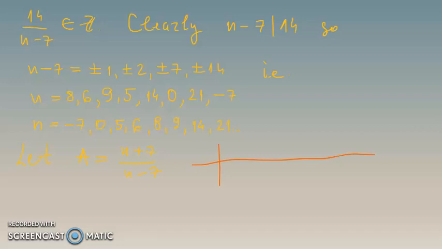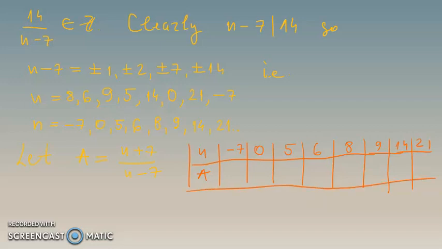Let's make it like this. We have n: minus 7, 0, 5, 6, 8, 9, 14, and 21. In these cases, we will have, respectively, A equal to what?